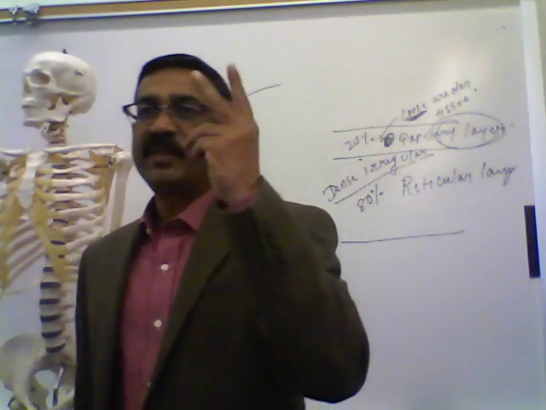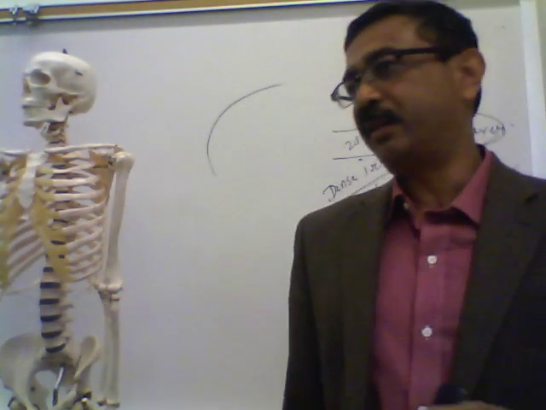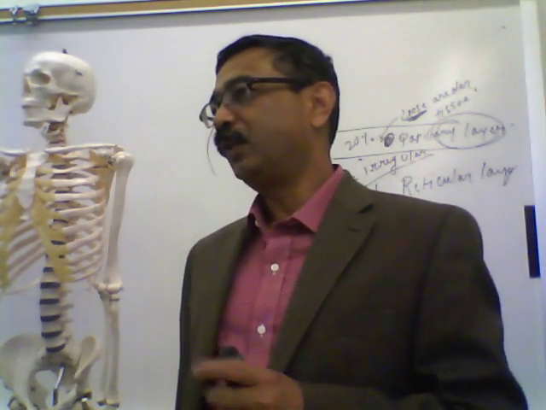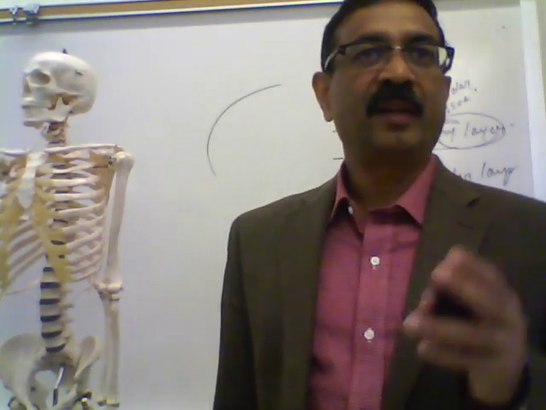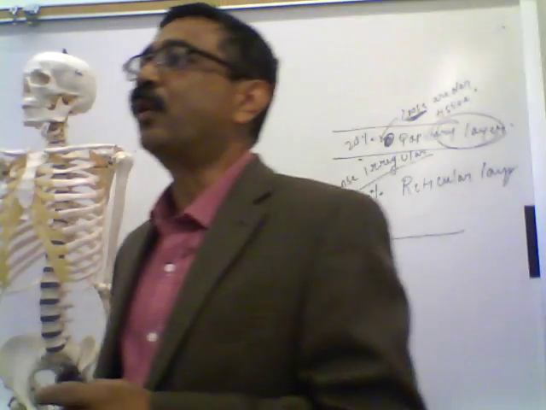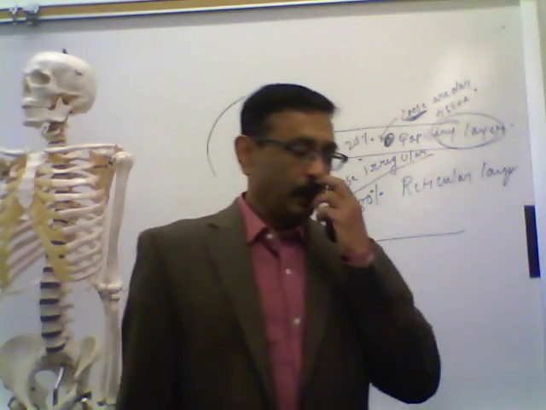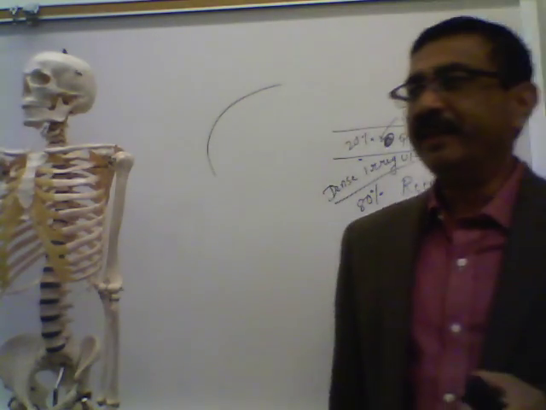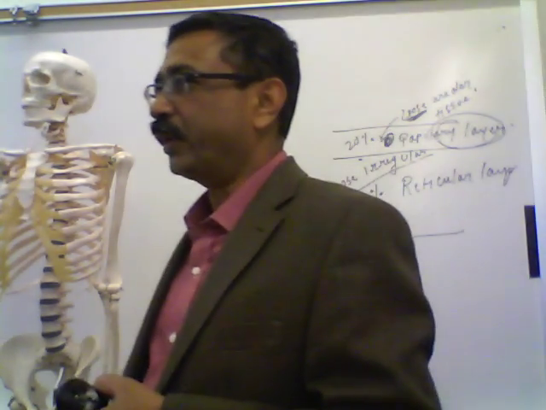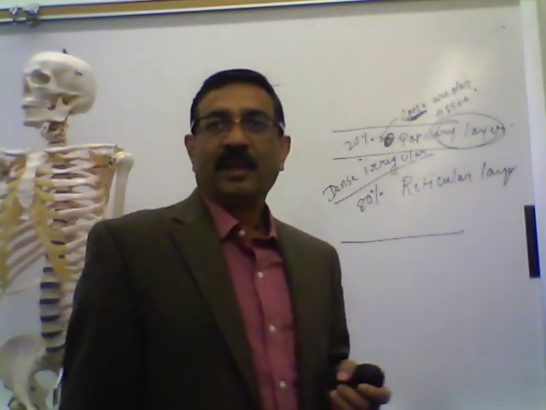Two things are the main concerns of burn. One is dehydration and another is electrolytic imbalance. When burn occurs, you know that fluid comes out from the body, right? You have seen fluid comes out from the body.